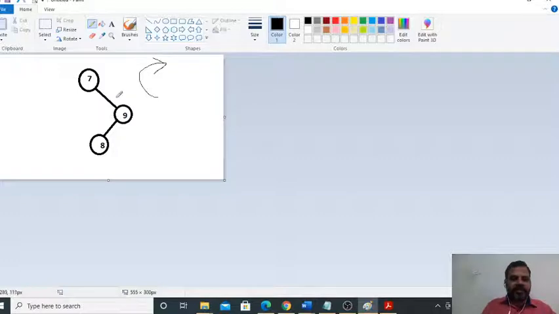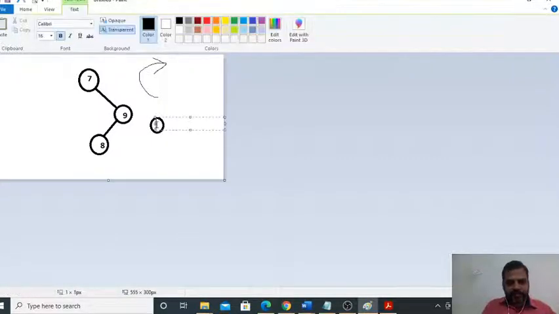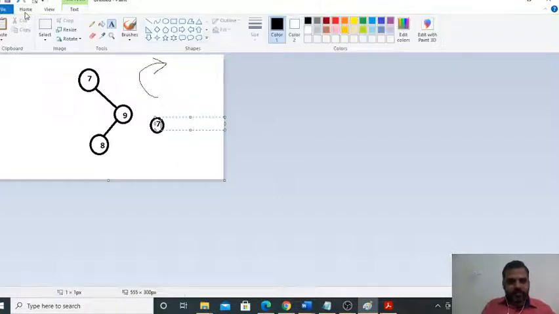Okay, first we got to do one right shift. So when I'm right shifting this, you see what happens. So 7 will be in the place as it is, then 8 will be moved to the ninth position, that is this is being shifted. 8 is coming here, then 9 will be coming here.